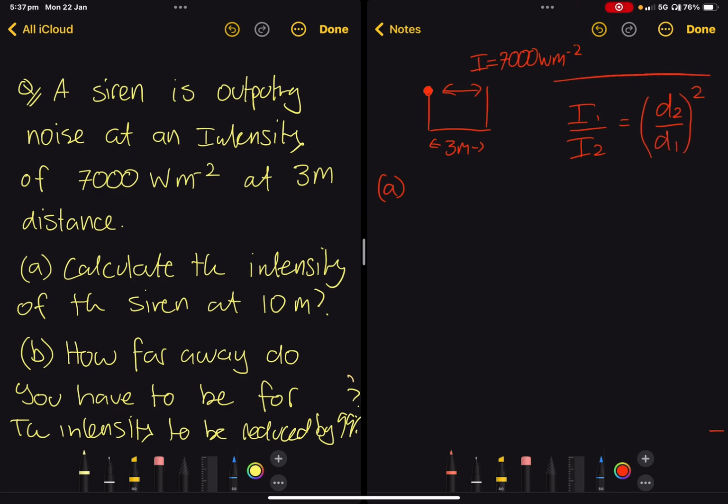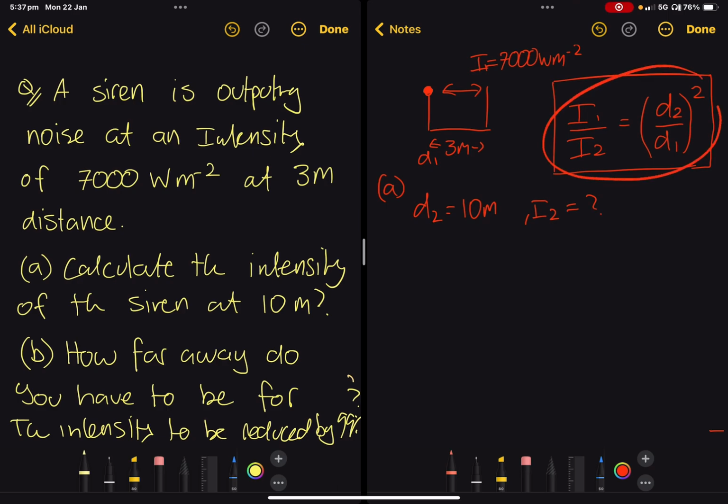This is a known rule when working with sound waves and intensities. We know intensity 1 is 7,000 watts per meter squared and distance 1 is 3 meters. Distance 2 we're told is 10 meters. We need to find intensity 2. Intensity 2 is the unknown here.